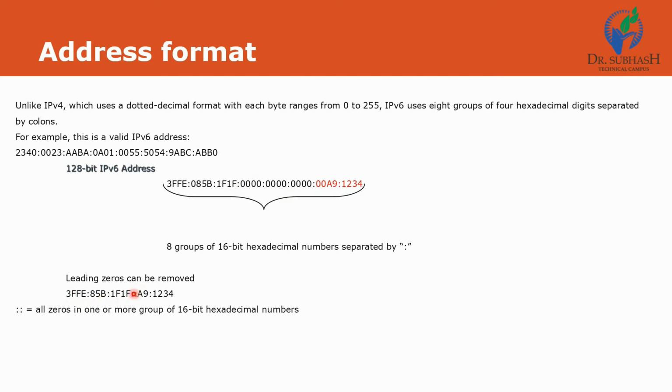That means there are zeros in between, and we remove all the leading zeros. We cannot omit the trailing zeros. Got it? Okay. So the double colon is equal to all 0 in one or more groups of hexadecimal numbers.